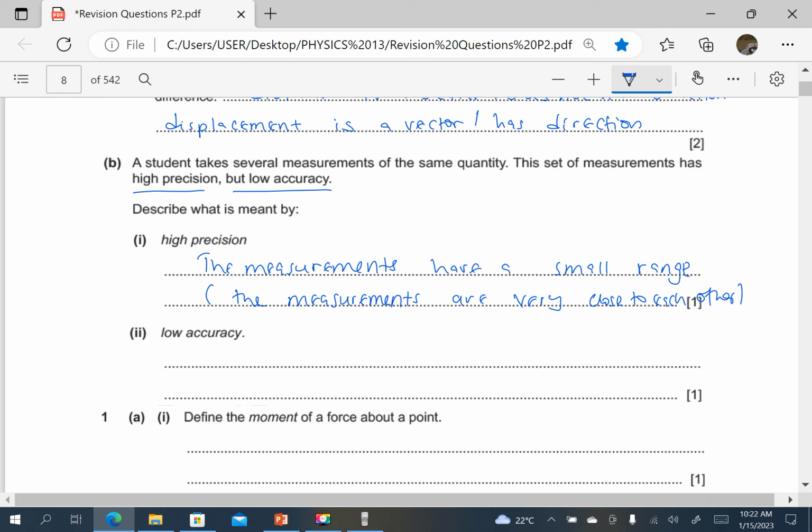So the measurements are very close to each other, or the measurements have a very small range. Then low accuracy, it means the average of these measurements is not the true value and is not close to the true value.